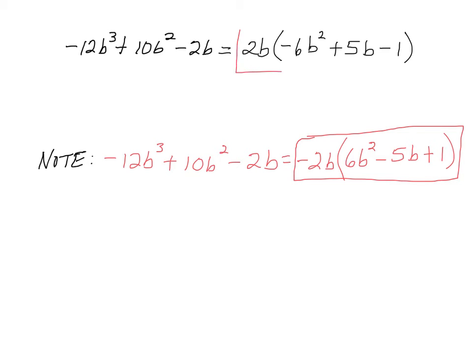So if you're working with someone and you both come up with two different answers, they're both right because they both multiply to the same thing. Sometimes you have that option, and there are going to be times when you want to factor out a negative. Sometimes you'll be told to do that. Other times it's going to be something that you have to know to do on your own.